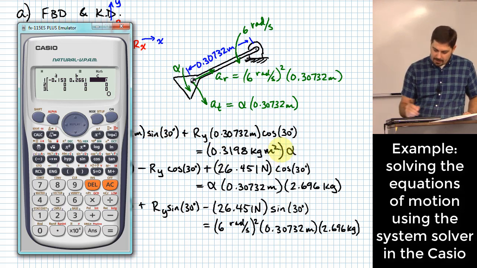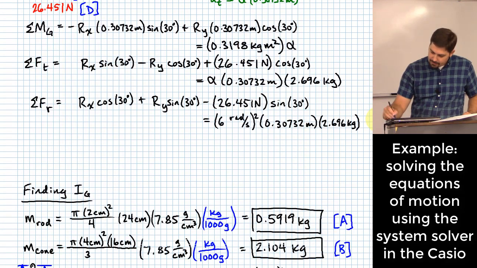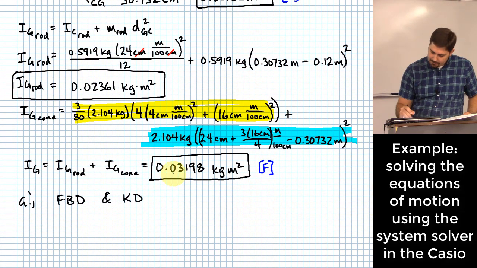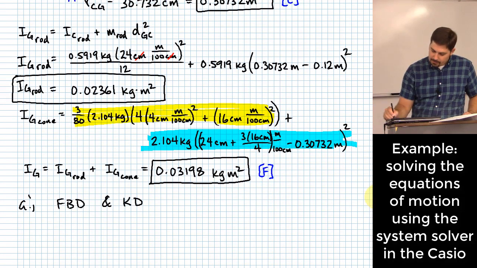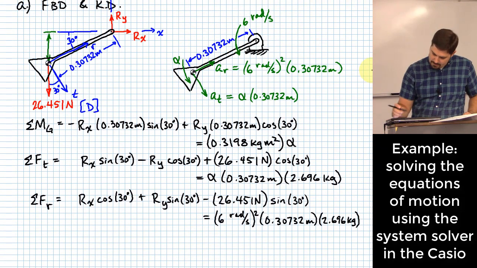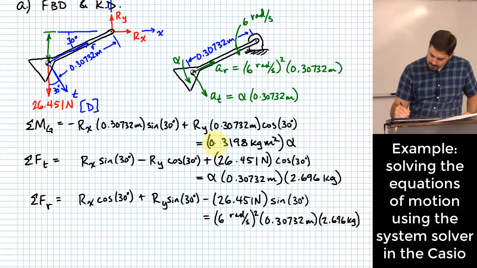So I'm going to put in a negative. I think I have this value stored in F, even though I wrote it wrong, it should be 0.03198.